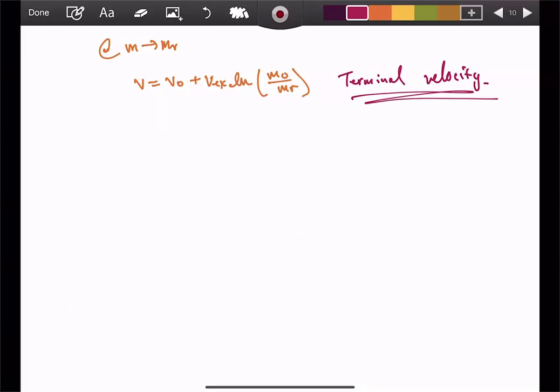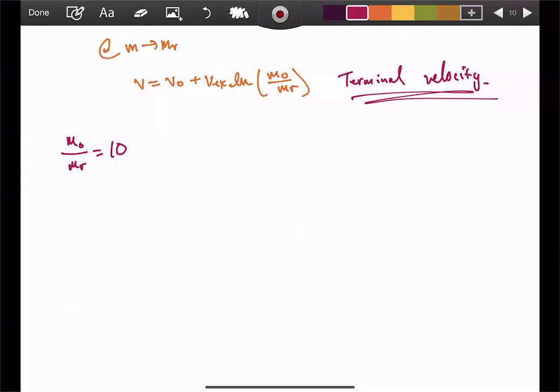Right? Now let's think about this. So is this going to be a very large number? For example, let's say that the ratio of the initial mass to the mass of the rocket is 10. So basically, the rocket is only 10% of the total mass of the rocket and the fuel.